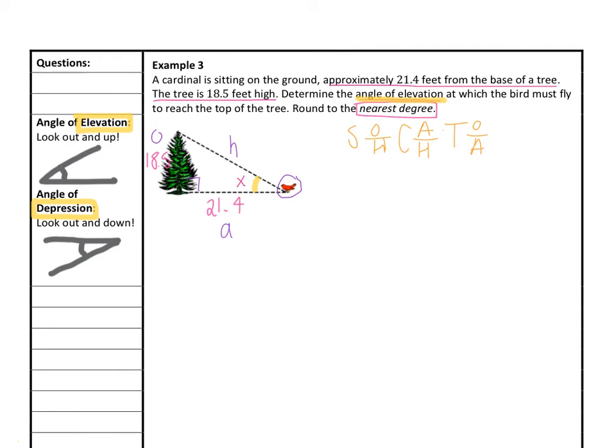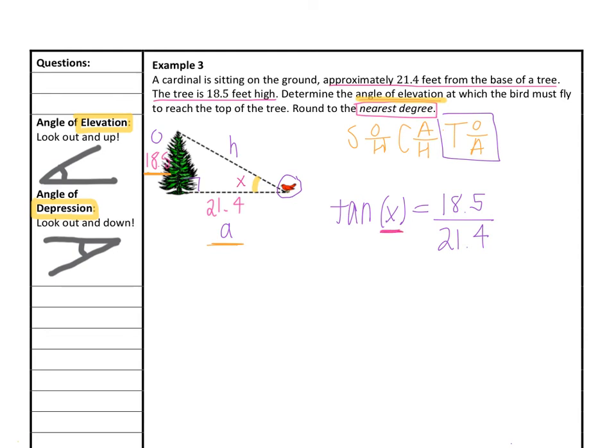So if we look at our picture here, we know the opposite side, we know the adjacent side. So O and A is going to lead me to pick tangent. So if we set up our ratio, tan of my angle, so I'm going to say X, equals O, which is 18.5, over A, which is 21.4. Again, we're looking for an angle though, and that X right now is stuck with the tangent.